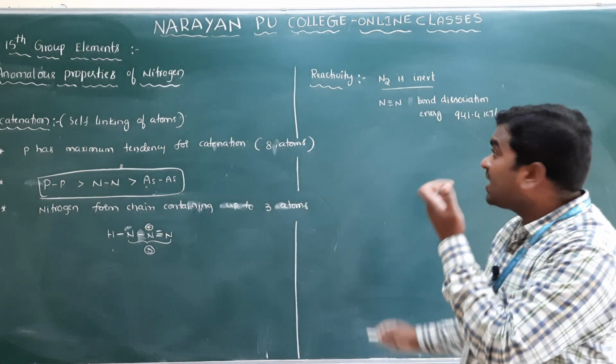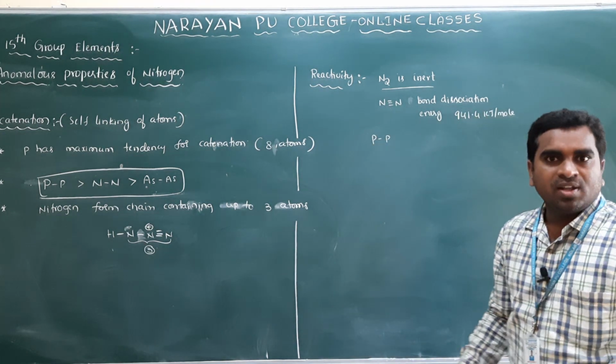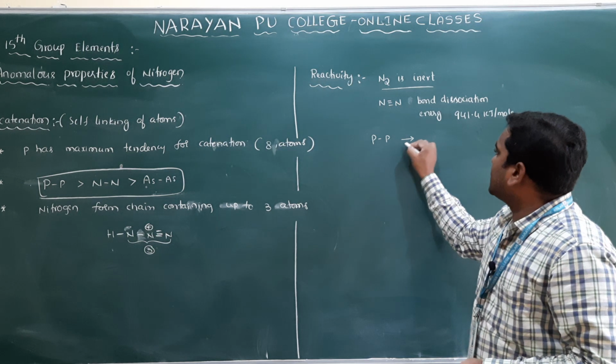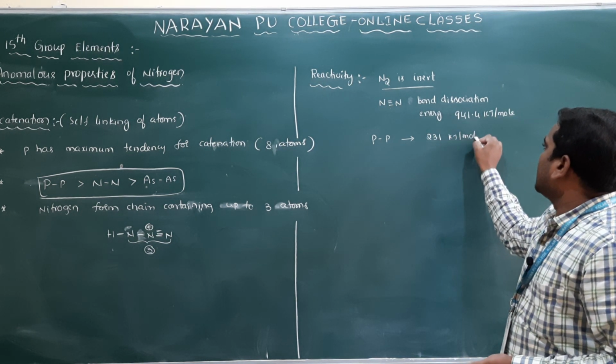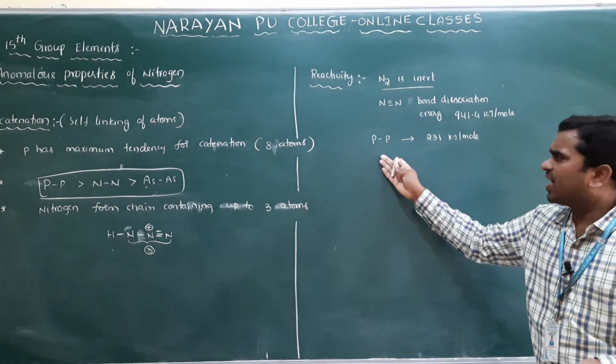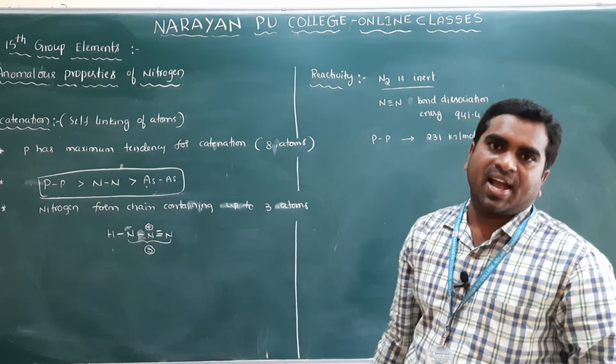But the remaining elements, if you take phosphorus, phosphorus will form which bond? Single bond. Single bond means what is the bond dissociation energy here? Almost 331 kilojoule per mole. Means if you apply less amount of energy, these bonds will break. When bonds break, then it will be involved in the reaction, clear?